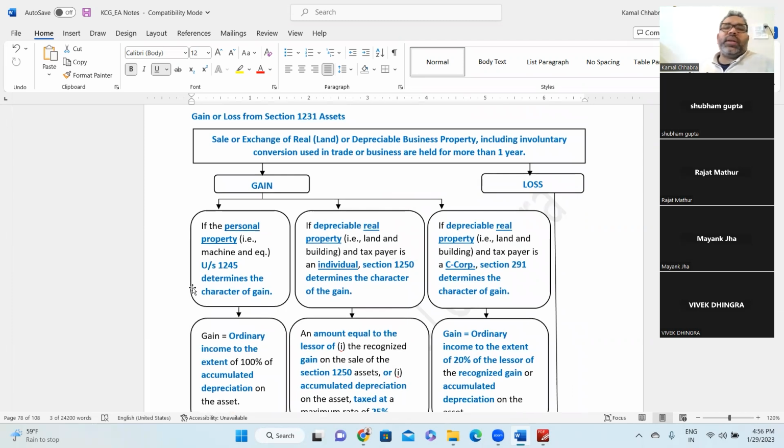What are 1231 assets? Real or depreciable business property, both held for business purposes for more than 1 year.